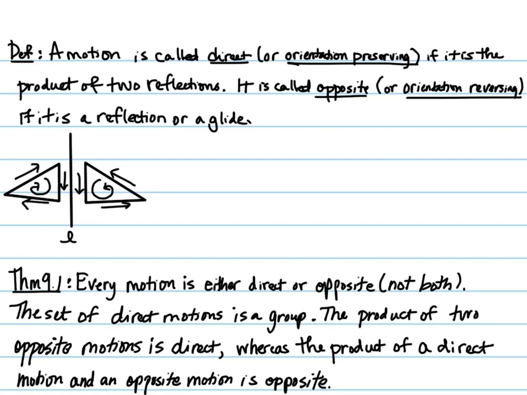So if I have a direct motion combined with an opposite motion, direct meant that there were 2 reflections, opposite meant there's either 1 or 3, right? And when we combine these together, we get an odd number. So you have an odd number of reflections, so it's opposite. When we take an opposite motion with another opposite motion, those were both odd reflection numbers to begin with. And when we add two odd numbers together, we get an even number of reflections. Hence, it would become a direct motion. So that's what's going on there in terms of the proof.